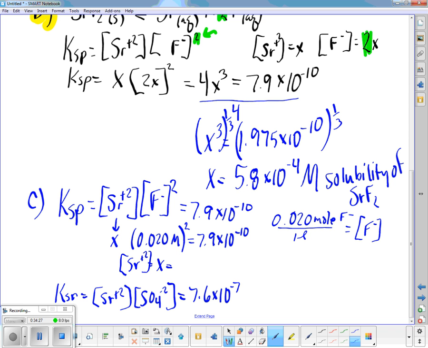And then down here on this one, it told us that we had 0.10 moles in that same liter. So this is going to be equal to X times 0.10 mole per liter, 1 liter again. And we're solving for X down here too. 0.10, and it's divided by 1.